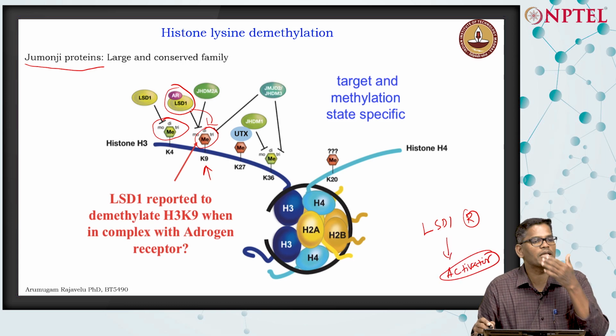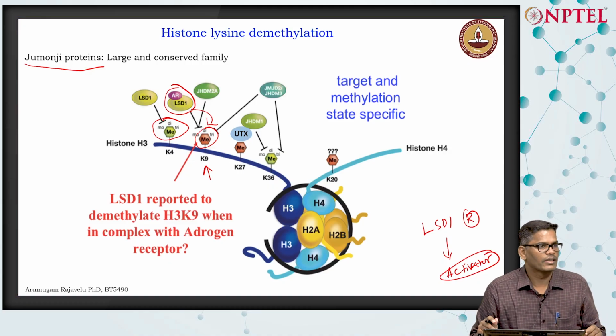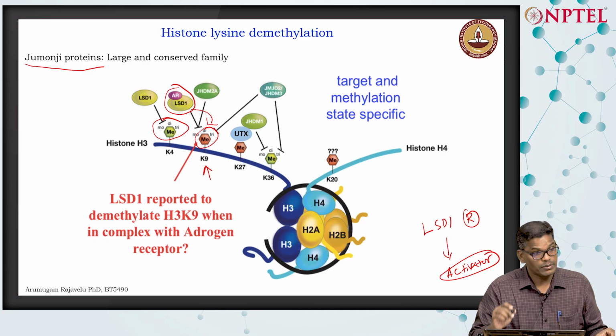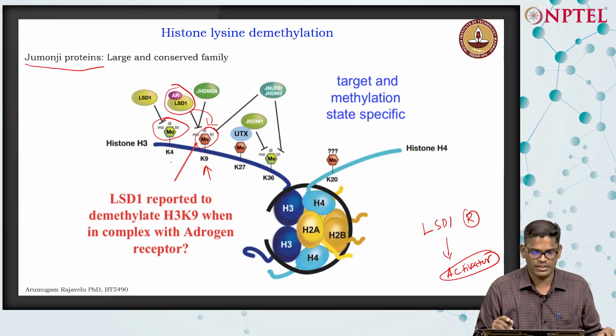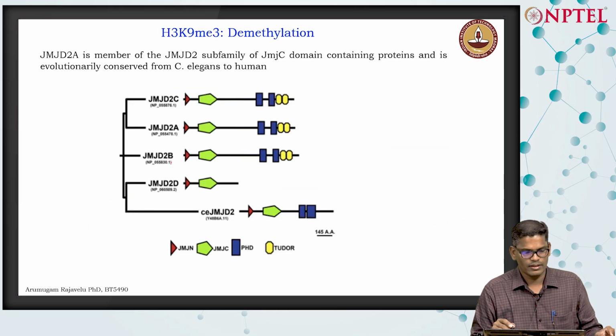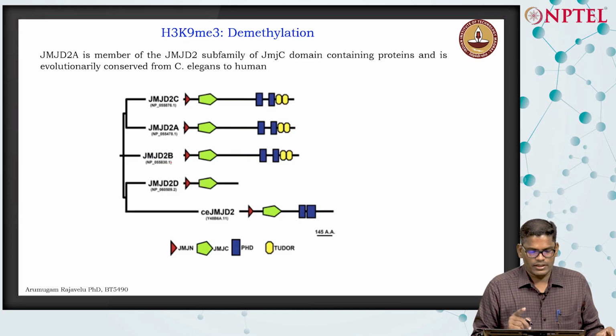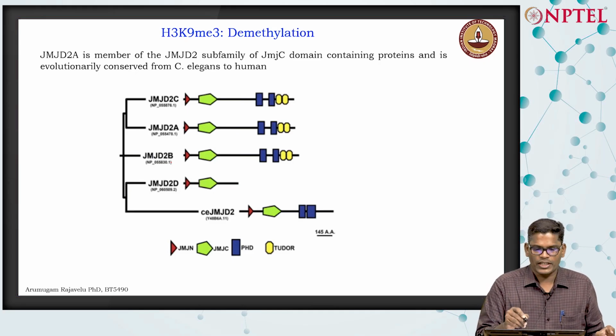So, you see how the epigenetic proteins are dynamic in association with the complexes. A similar thing has been shown with Jumonji as well. So, not with K4, but different positions. Right. See, Jumonji in connection with K9 and K36, I briefly highlight.